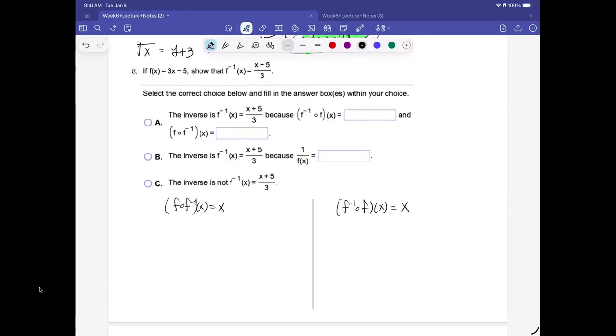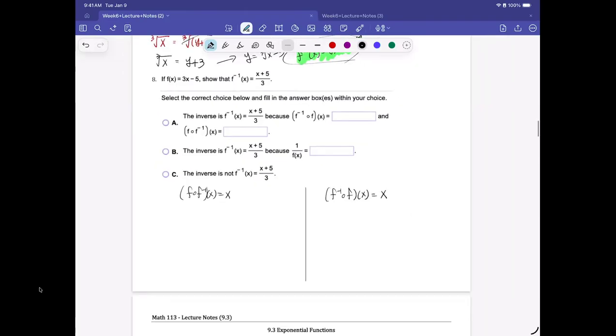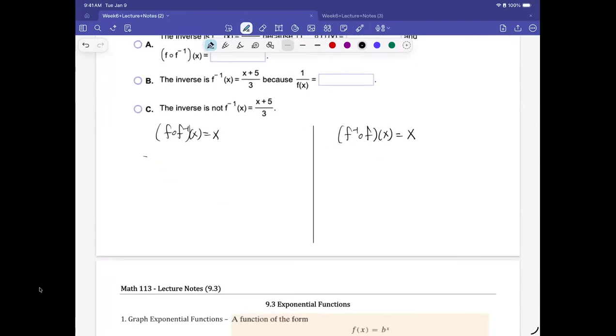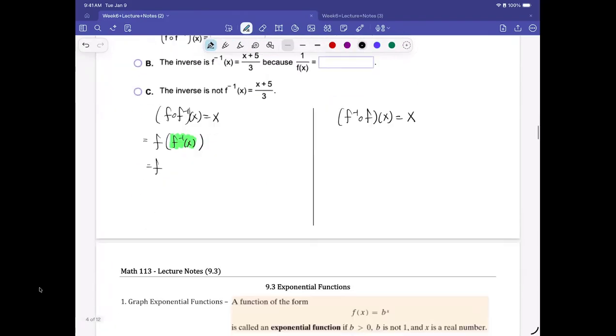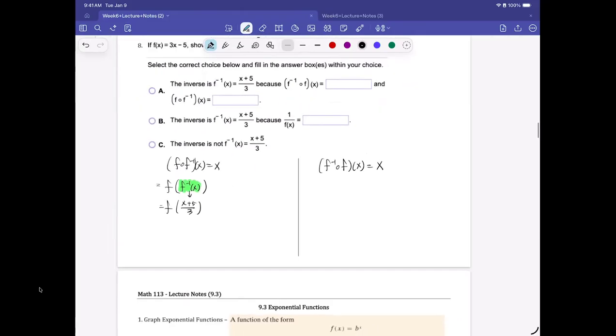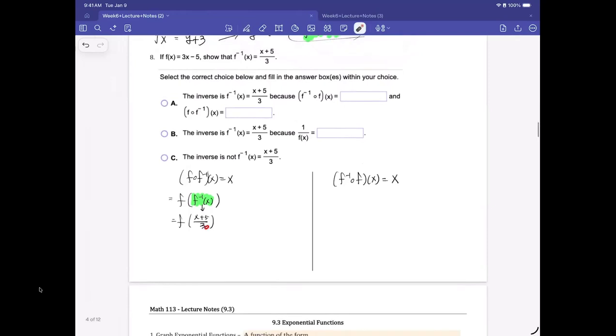Right? So these two must be equal to x. Okay. So the first one, as you can see, f inverse of x is x plus 5 over 3. That is f inverse. And then this inverse, this x plus 5 over 3, you have to plug into the x, right?